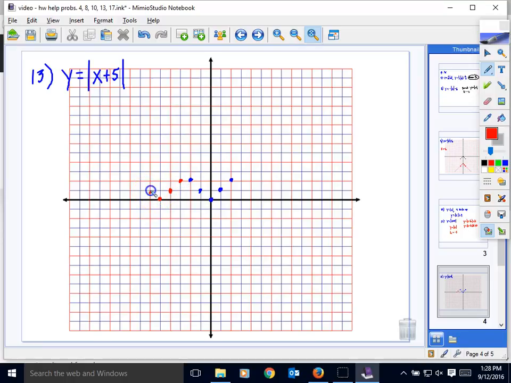So the red would represent the translation. And so this would be my final finished answer for number 13. All right. Very good.